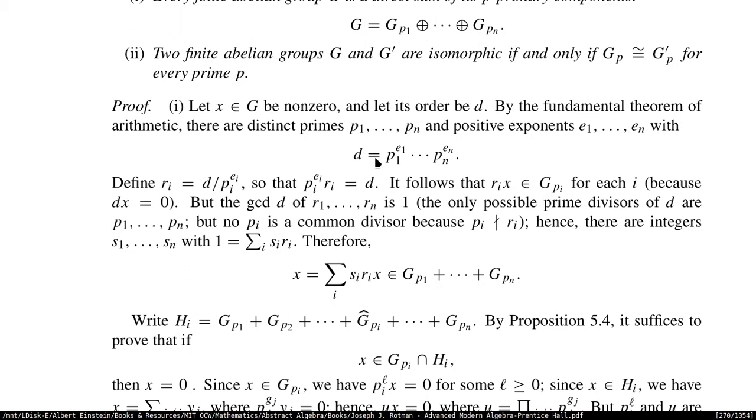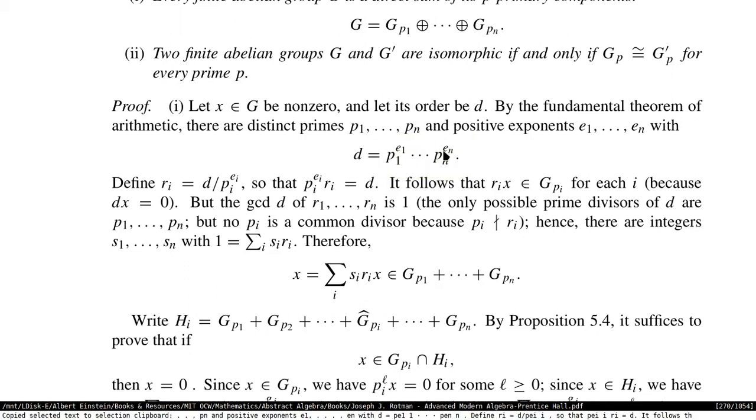So you divide each of the primes with the exponents into d, and you get ri. So that's just this product without some pi.